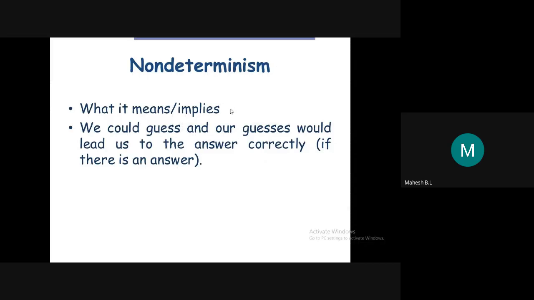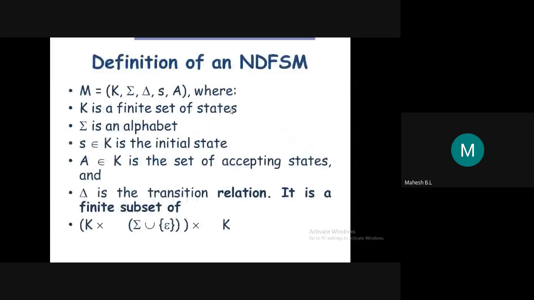So, the definition of an NDFSM. Again there are five tuples: K, sigma, delta, S, A, but the notation of delta is different from that of a DFSM. K is the finite set of states, sigma is the alphabet, S is the starting state, A is the set of accepting states.